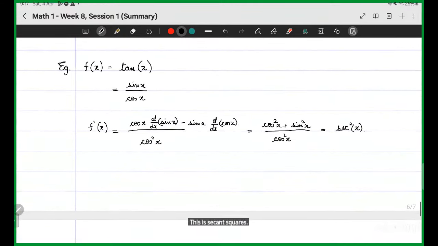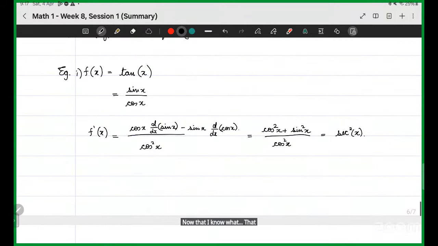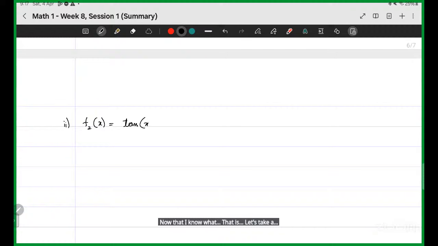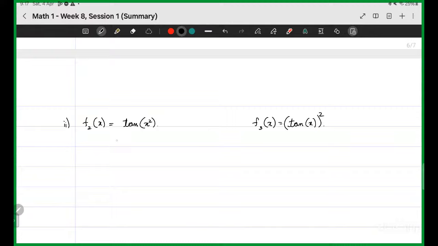Now that I know what that is, let's take up tan of x square. So can I write this as, let's say, g2 of h2 of x?